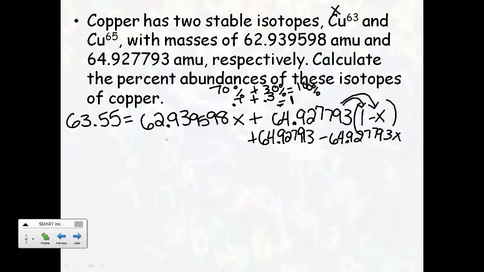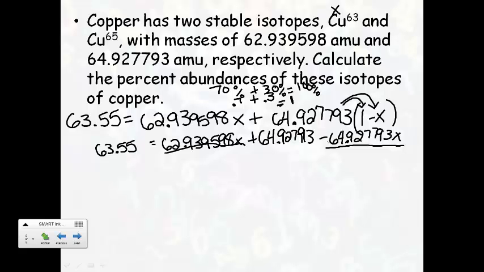On this side, we still had our X term, and it's all still equal to 63.55. All right, now we need to combine like terms. So we have an X term there, and we have an X term there. So we need to combine those terms.